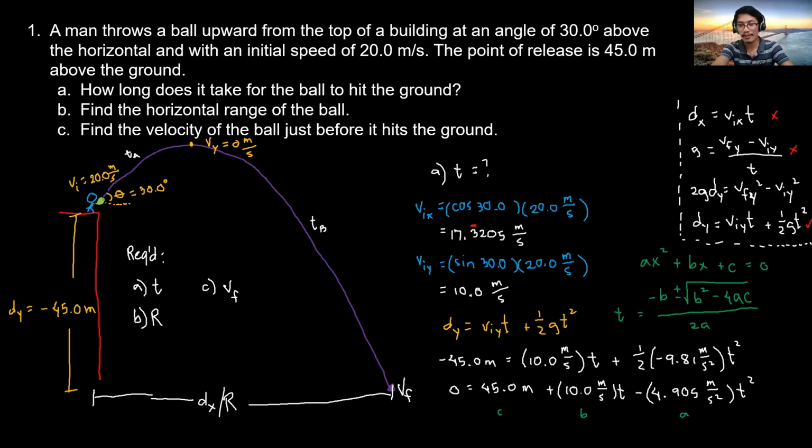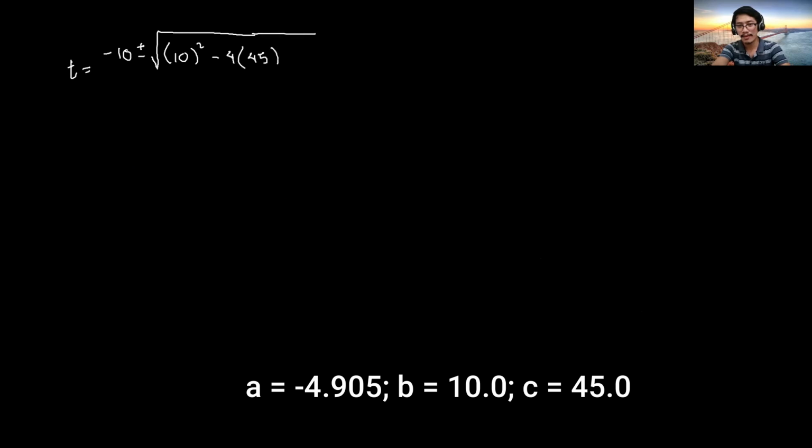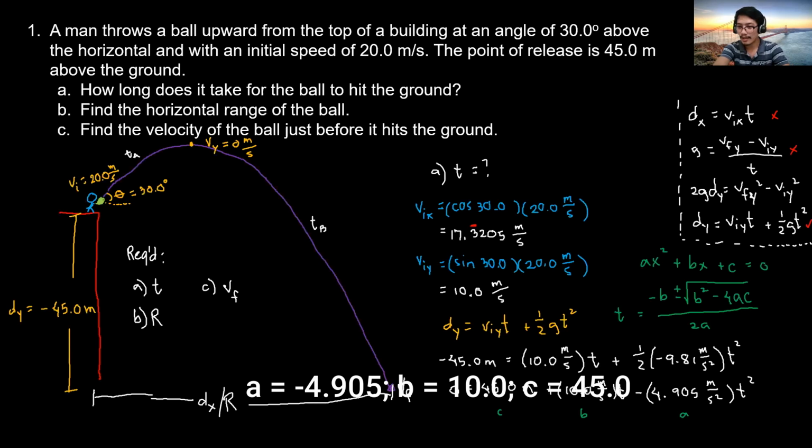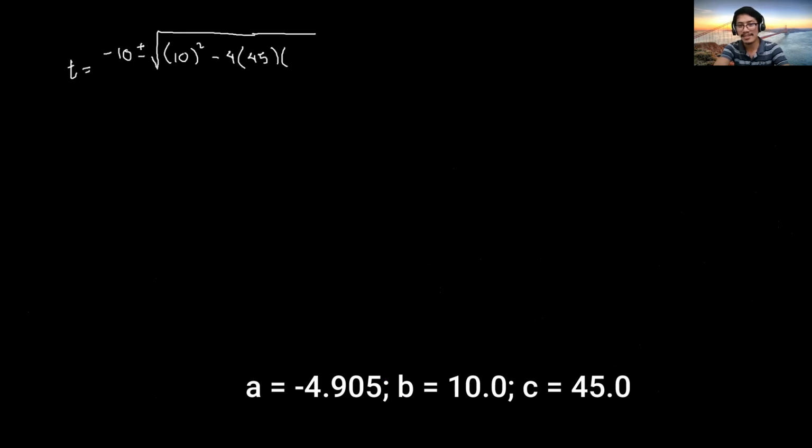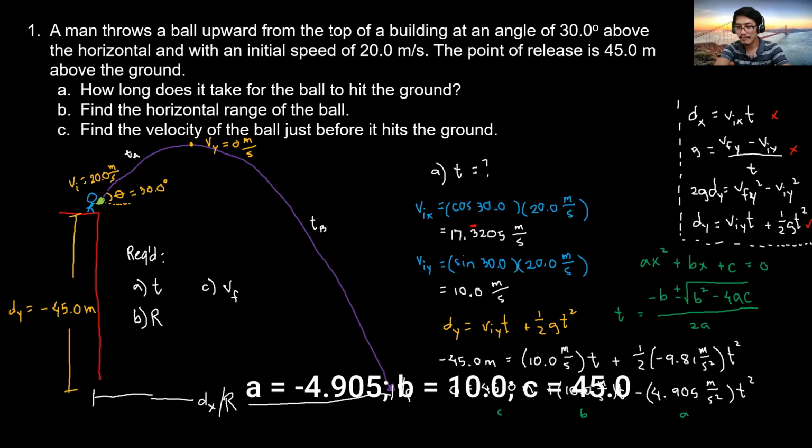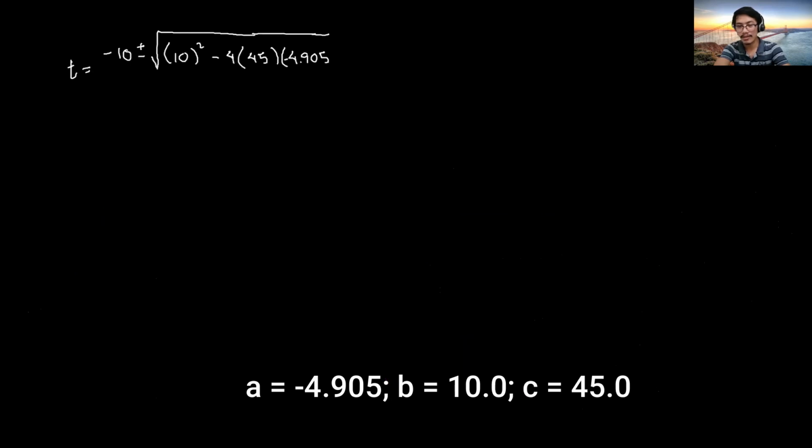Hindi na lang ako lagyan ng units ha. 10 squared minus, minus 4 times a. Ano yung a? Our a is negative 4.905. Minus, 4 times 45 times negative 4.905.